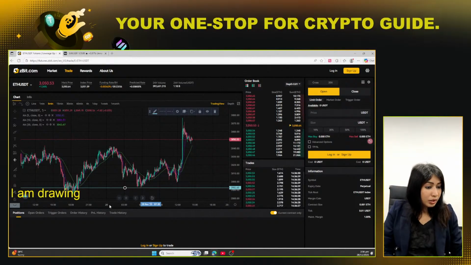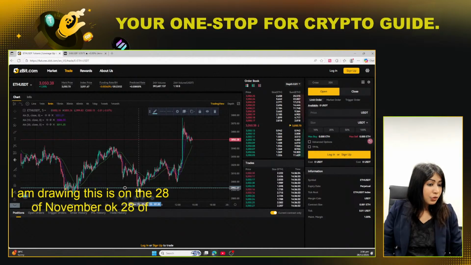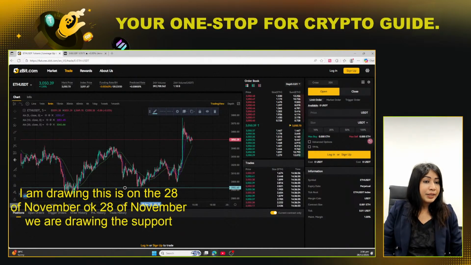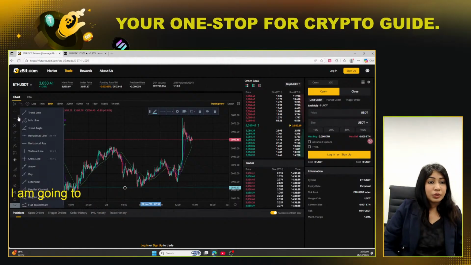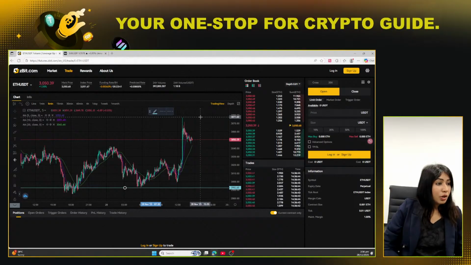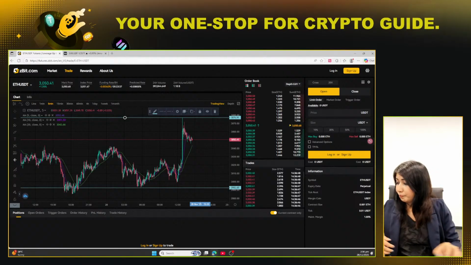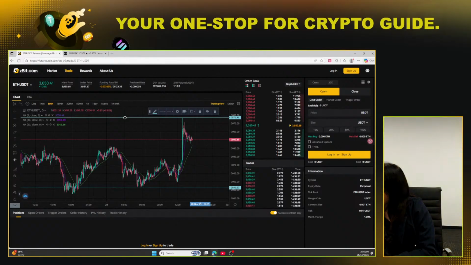I'm drawing this on the 28th of November. We are drawing the support here, and I'm going to draw the resistance here. So the resistance is sitting at 3076. Just a sec, guys.